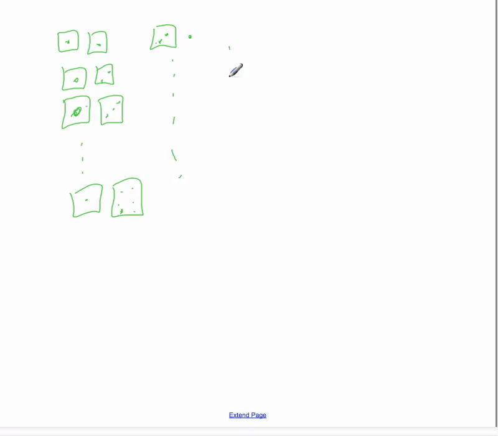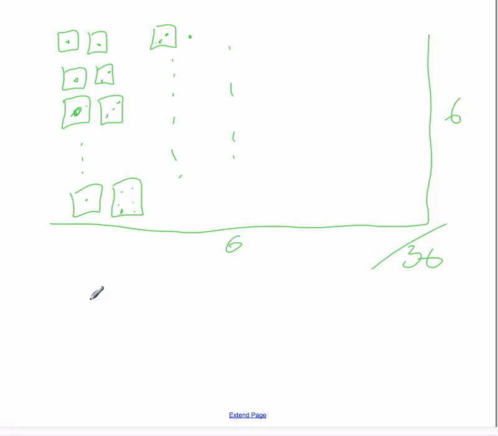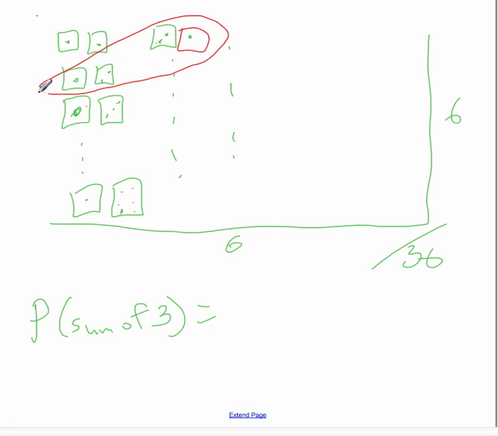And then you can write them all out. 6 times 6, you get 36 total possible outcomes. So then you can work out a probability, like what's the probability of rolling a sum of 3. If you look at your sample space, there's only 2 ways to get a sum of 3, so that's 2 out of 36, which equals 1 out of 18.